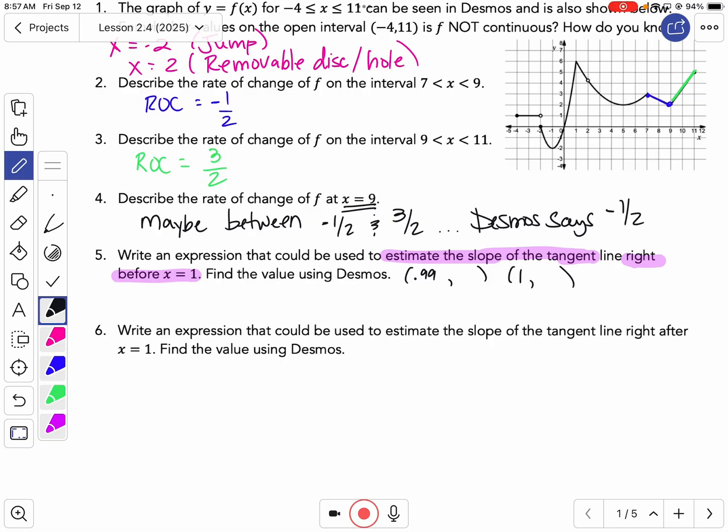Or 0.9 and 1, it doesn't matter, okay? And if we do the rate of change, so f of 1 minus f of 0.99, we divide it by 1 minus 0.99. This is where you wanted to use Desmos and put those numbers in to get y values, okay?